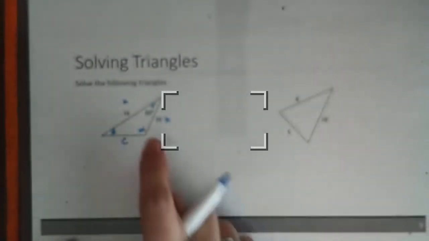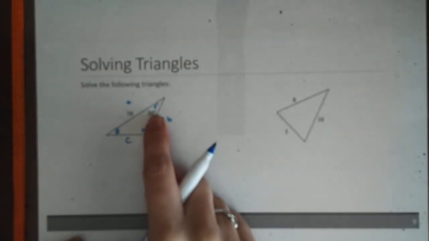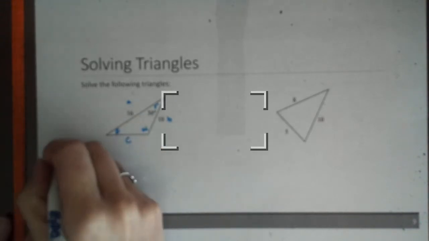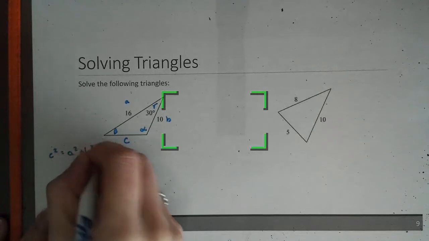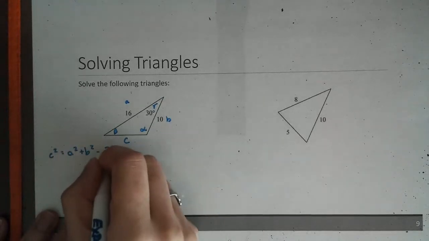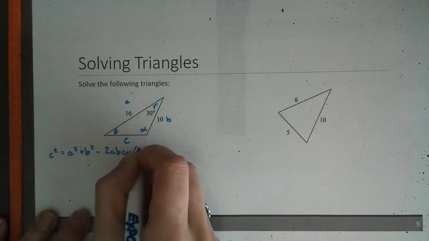So according to the law of cosines, the one angle I do know is angle gamma. So I'm going to use the equation that had angle gamma in it, and that was the last one. C squared is equal to a squared plus b squared minus 2ab cosine of angle gamma.